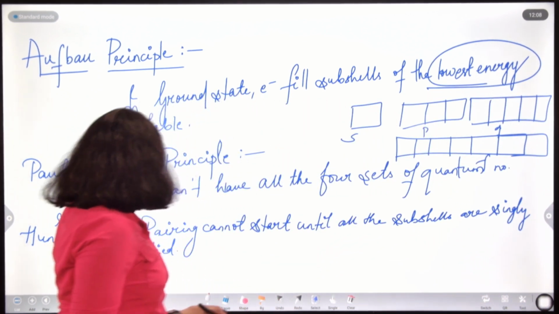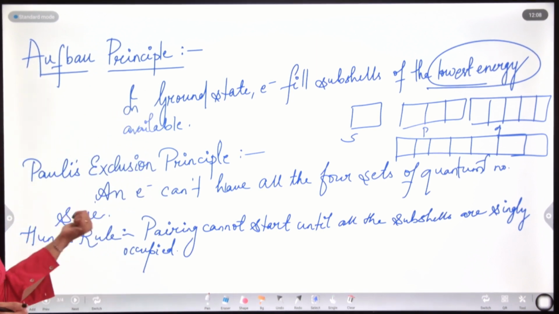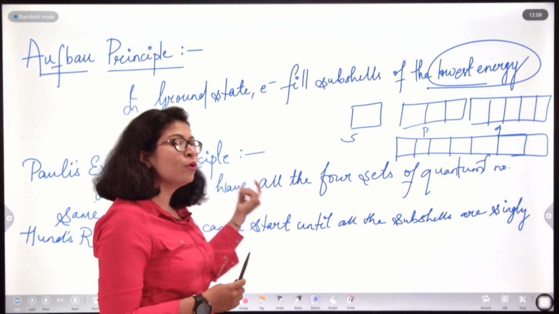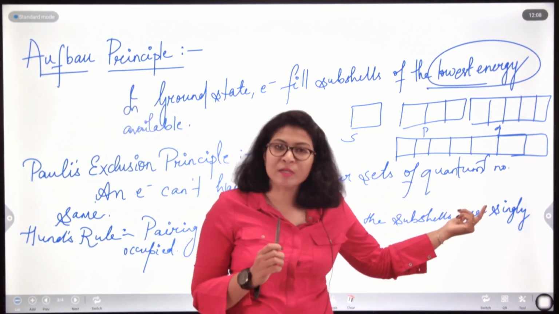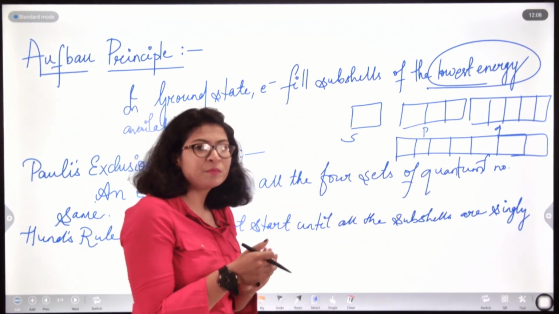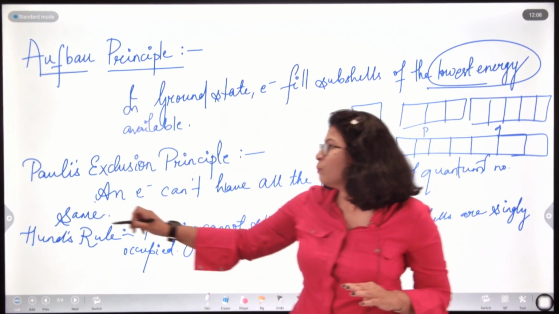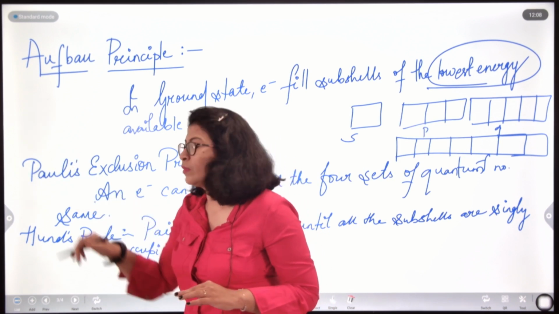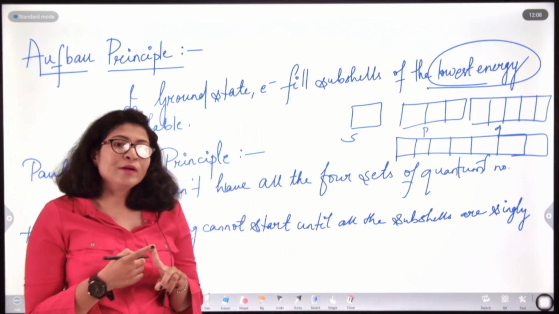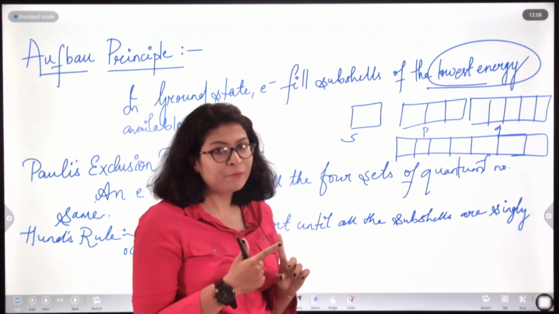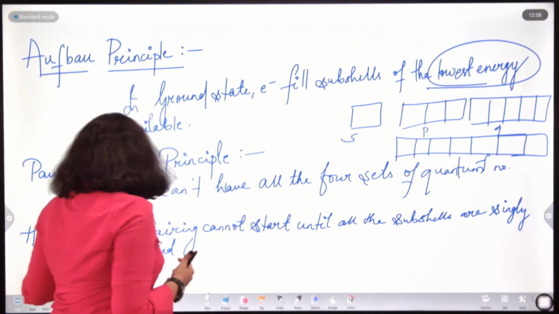Now, the second principle, Pauli's exclusion principle, says an electron cannot have all the 4 sets of quantum numbers similar. Like we had 4 quantum numbers, principal, azimuthal, magnetic as well as spin. So, a particular electron cannot have all the 4 quantum numbers the same, they have to be different.